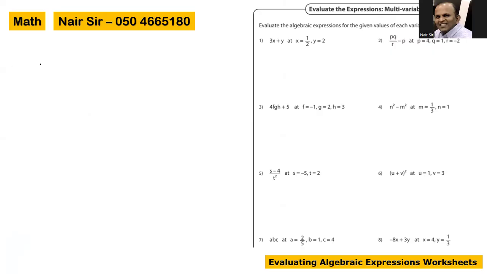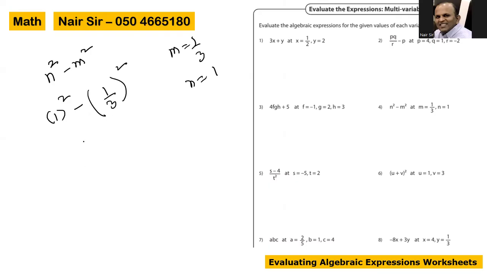Question number 4. n square minus m square. M is equal to 1 upon 3 and n is equal to 1. Okay. 1 the whole square minus bracket 1 upon 3 the whole square. 1 1s are 1 minus 1 1s are.